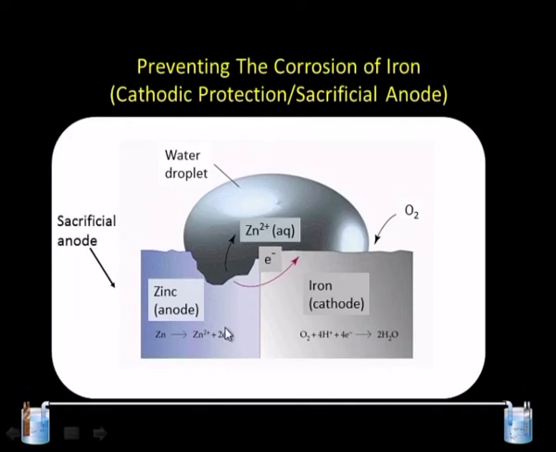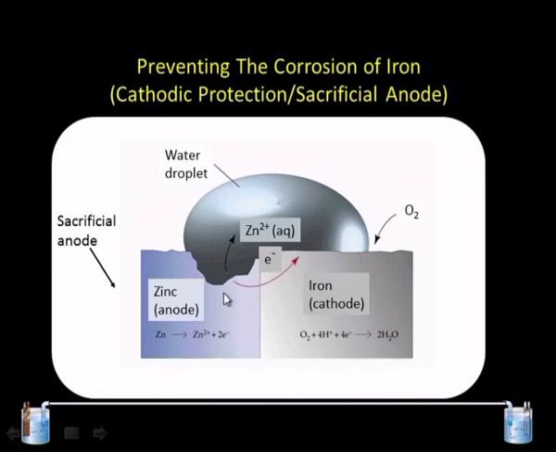Here we have coated iron with zinc, which is acting now as the anode, giving zinc ions and 2 electrons. Iron acts as the cathode, that is oxygen plus 4H+ plus 4 electrons giving 2 water.